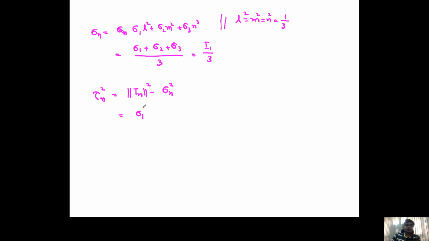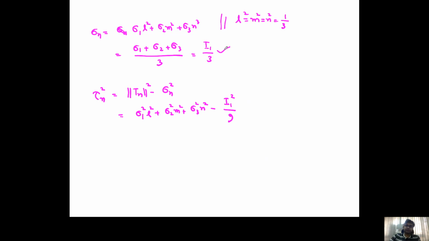It is sigma 1 square l square plus sigma 2 square m square plus sigma 3 square n square, minus this is I1 square by 9.